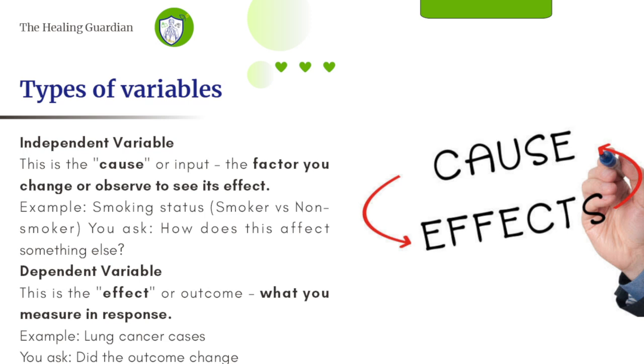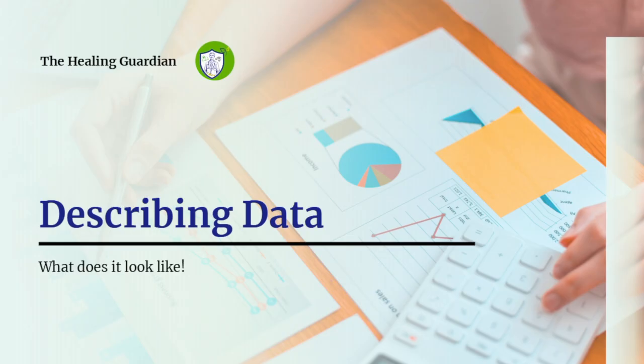Lung cancer. Cases of lung cancer will be the dependent variable. They depend on the exposure. Or if you don't call it an effect, you can call it what you are measuring in response. You have increased this one, so what you want to measure is the dependent variable. From there, we go to describing data.